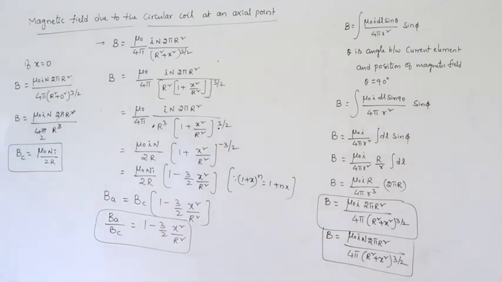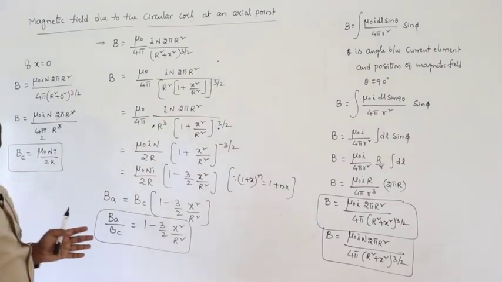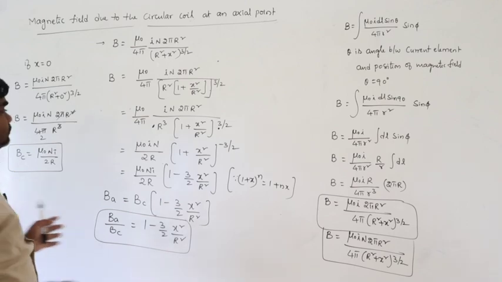Next. So this is the magnetic field due to the circular coil at an axial point.